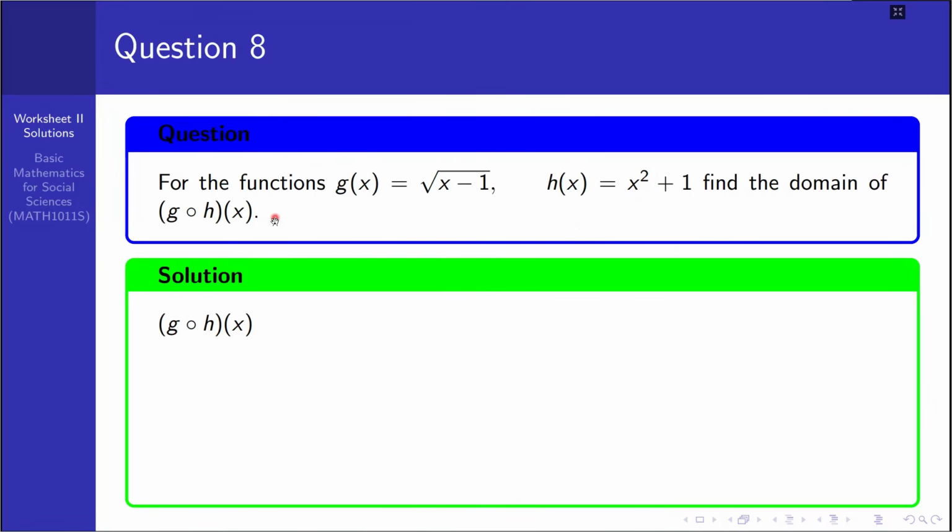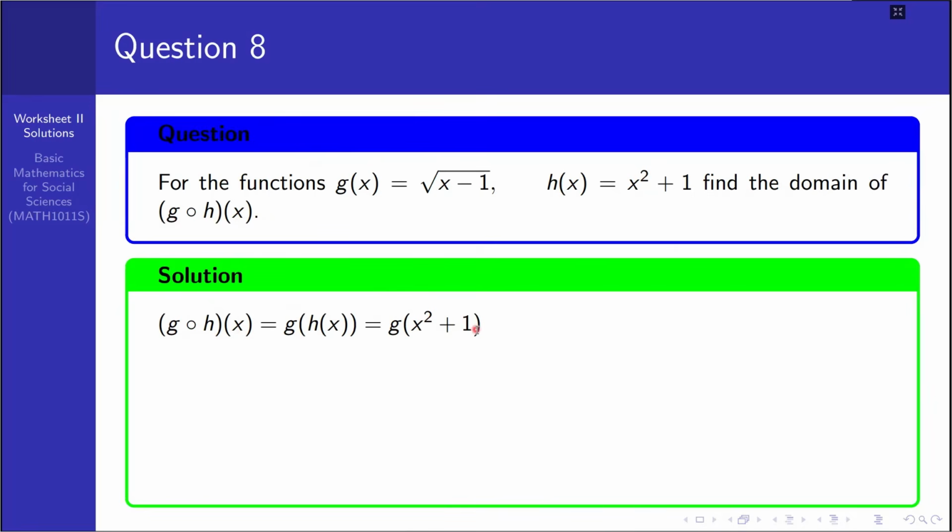First, we need to find the expression for this composition function. So g composite of h of x equal to g of h of x, but h of x in this case is x squared plus 1, so that this is equivalent with g of x squared plus 1.